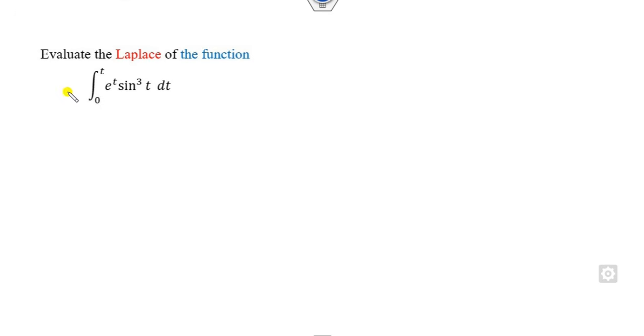Now this is there. Again you have to find the Laplace of this. It is 1 over s Laplace of e raised to power t sine cube of t. How can you find that? Again, the exponential appearing means the first shifting theorem. So firstly I can find the Laplace of the sine cube. Sine cube will come from the sine of 3t.